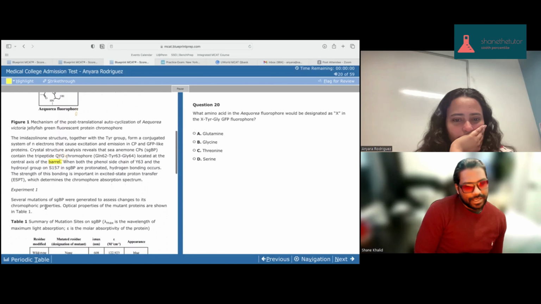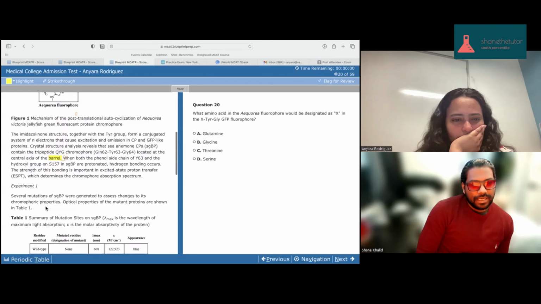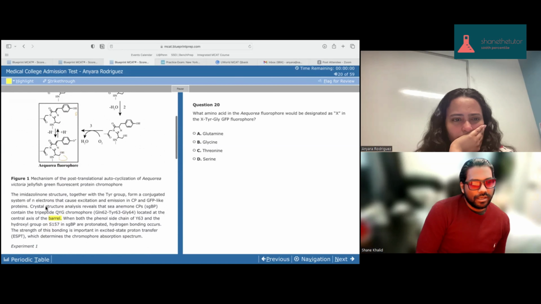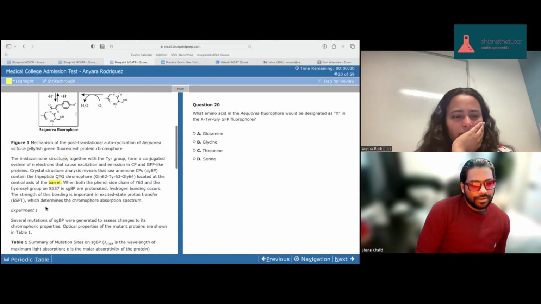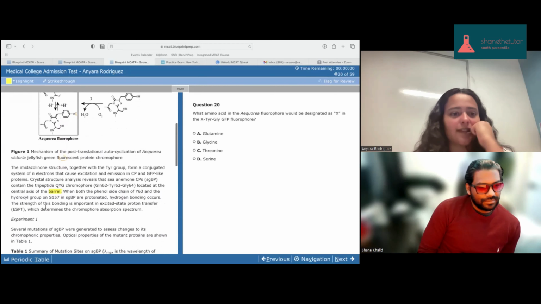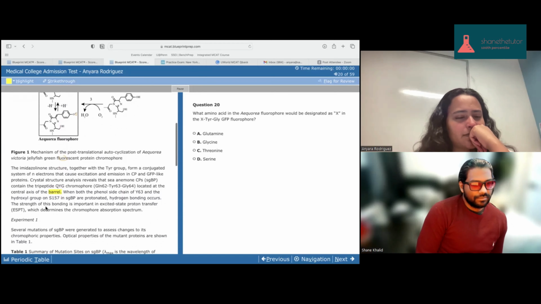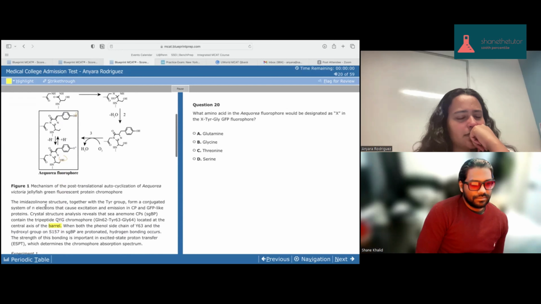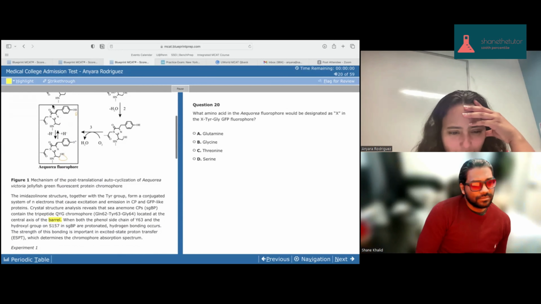Okay. So I guess if they're saying the phenyl, when you have the tyrosine protonated as well as the serine or the hydroxyl group there, hydrogen bonding can occur. I guess, is it referring to this molecule?